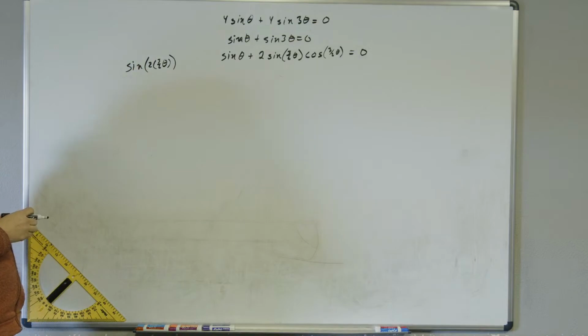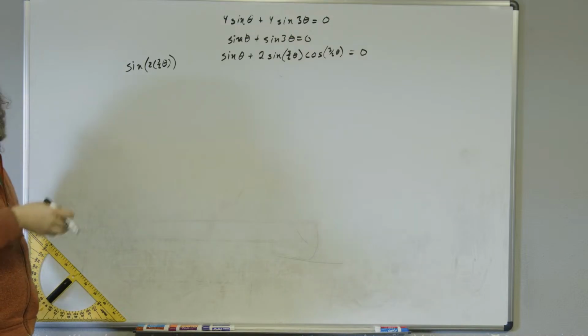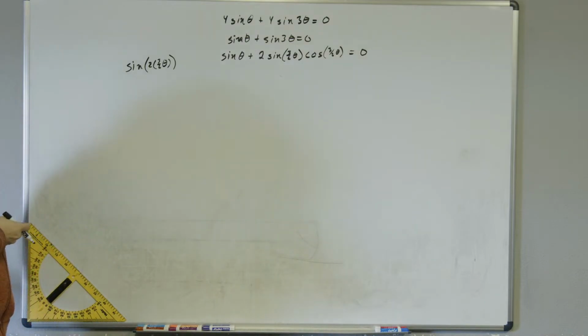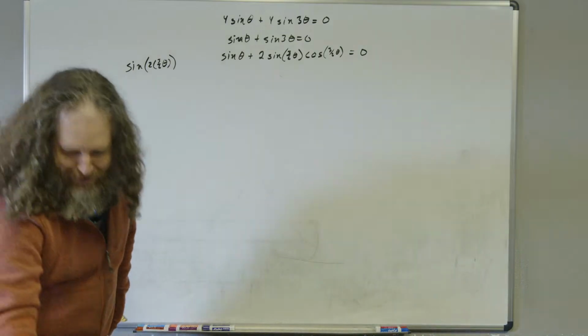Well, that was fun. Where do we go from here? Don't know. We could use a half angle identity, but we're probably going to end up back where we started. Square both sides, maybe. What about power reduction things?